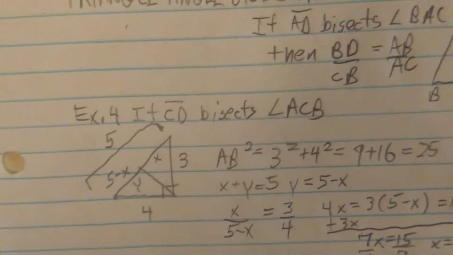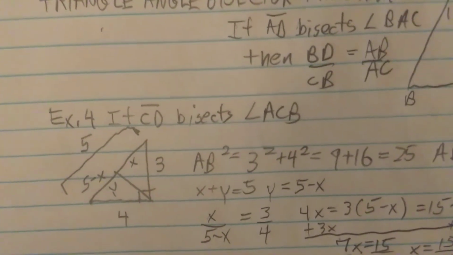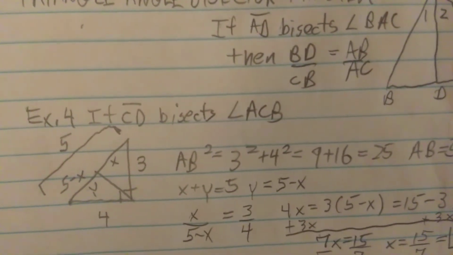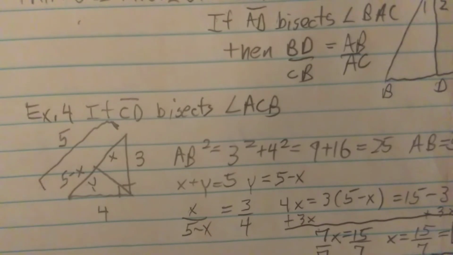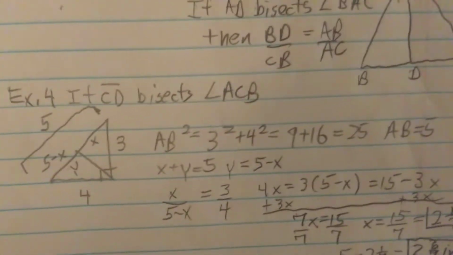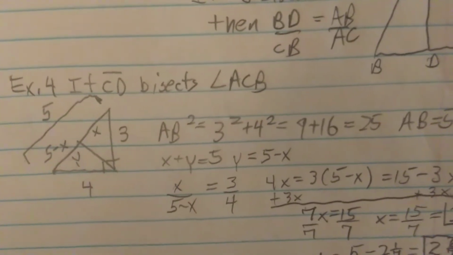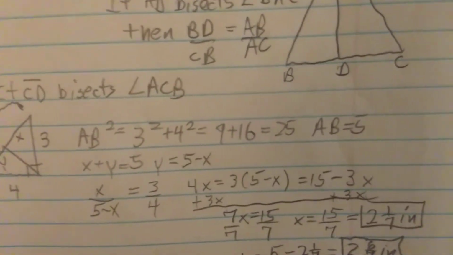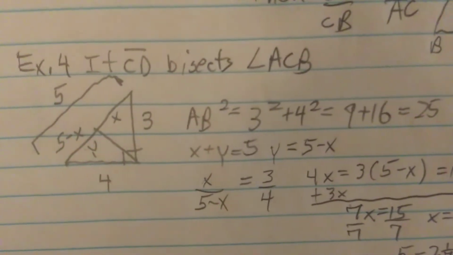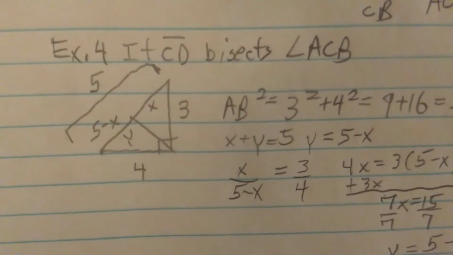So example 4, if CD bisects ACB, then we're given a side on the right of 3, the bottom side 4, and we know from the right triangle theorem that AB is 3 squared plus 4 squared, 9 plus 16 or 25, and so the square root of 25 is 5. And as shown, the whole AB is 5.